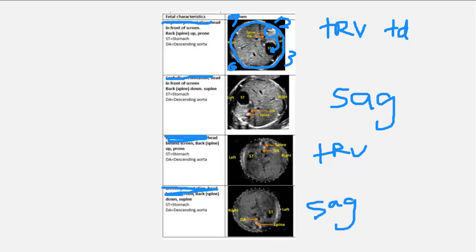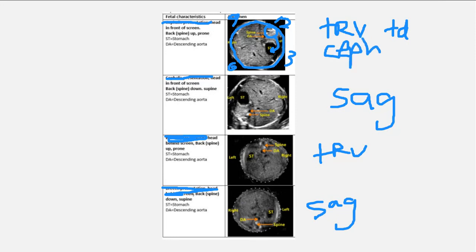Okay, so our top one, we had transverse transducer position. So we know that this is either going to be cephalic or breech. Cephalic means head down. So we have our stomach at 3 o'clock, head right down to the bar. So this means that the baby's head is down. This means that this baby is cephalic.